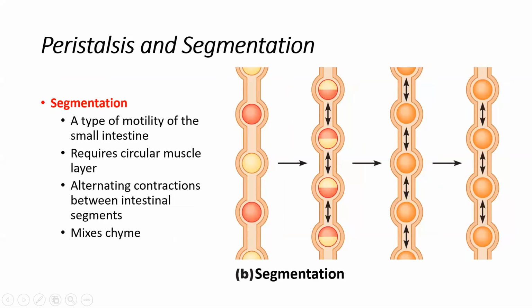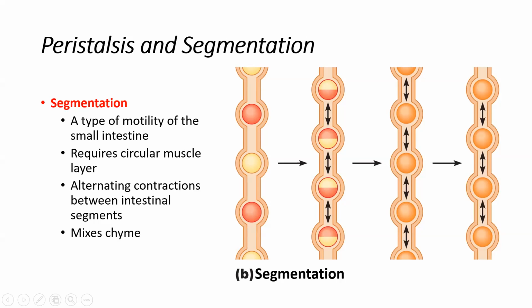Let's look a little closer at segmentation. So segmentation is this motility where, because we have two different types of fibers here, the circular portions of the wall are going to contract, but then when they are relaxed, they're actually going to squeeze some portions of that segment, squeeze the content here back into the previous segment.